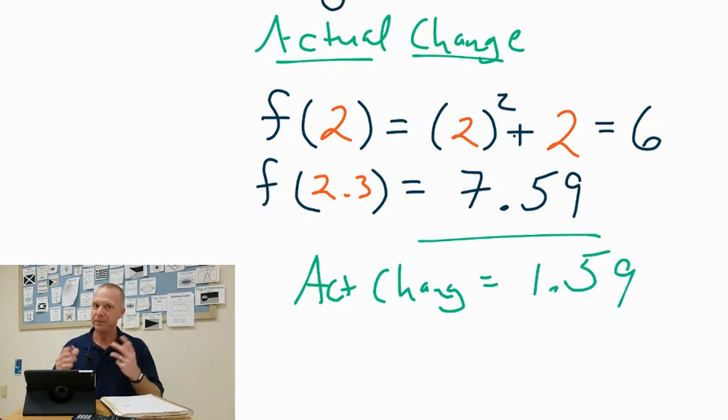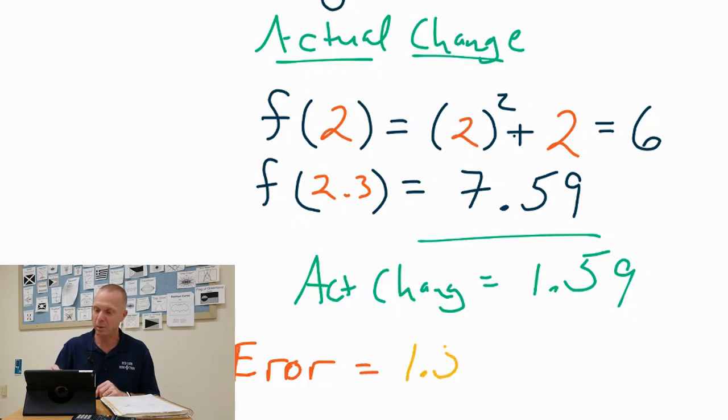Now, if you're doing this right, you're supposed to notice that the two values are similar. One of them is an estimate, and one of them is the actual. But if you take your two numbers and subtract them, I'm talking about my estimated change with my actual change. Now remember, the estimated change was dy.